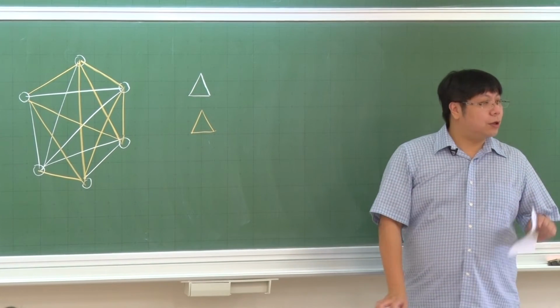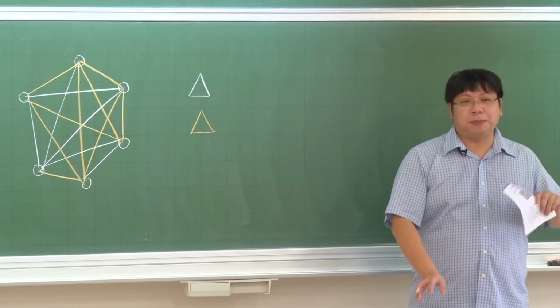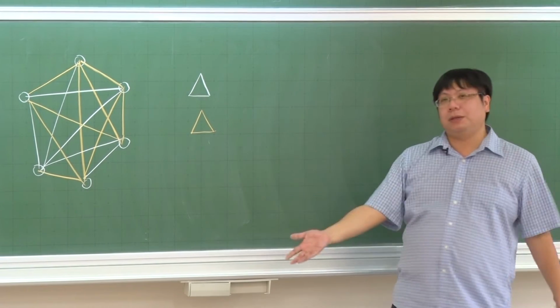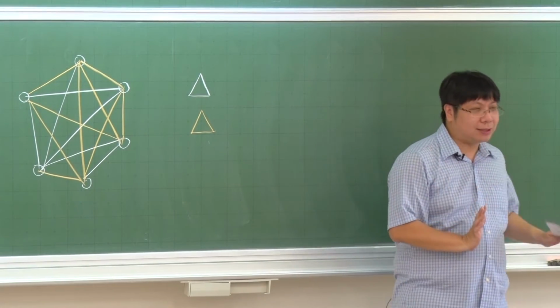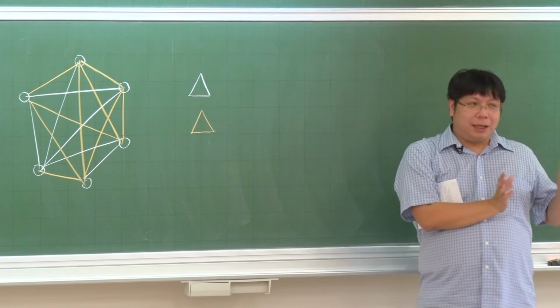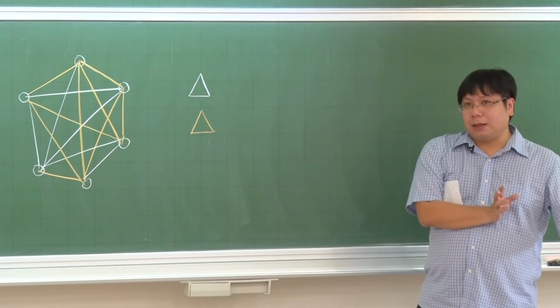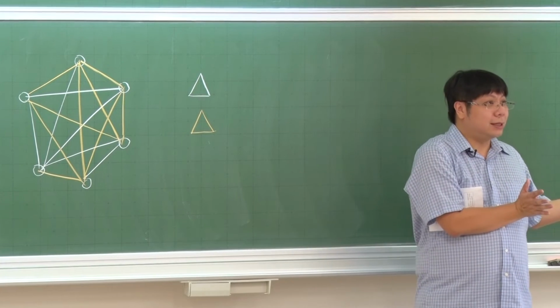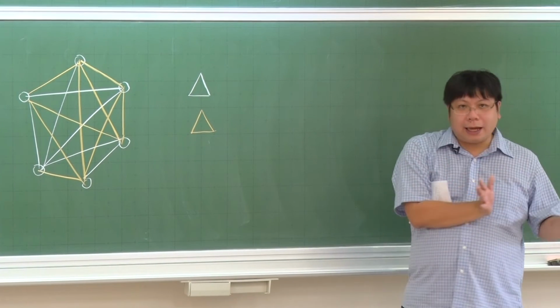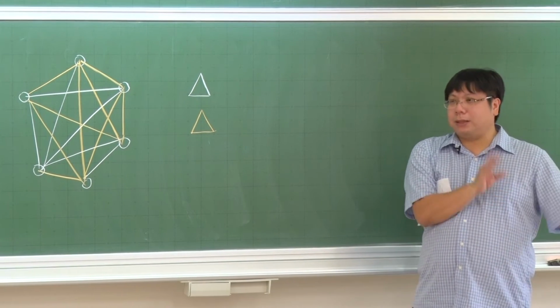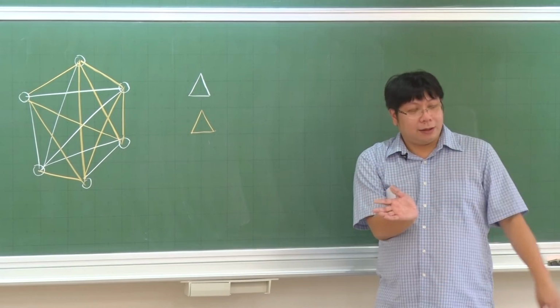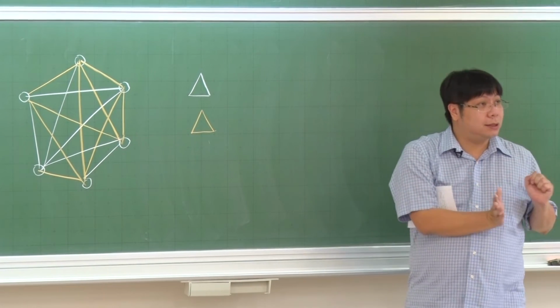Okay. I do not mean that there must be one white triangle together with one orange triangle. I do not mean this. What I mean is that you either find a white or an orange or both. But in any case, if you cannot find a white, there must be an orange. If you can't find an orange, there must be a white.